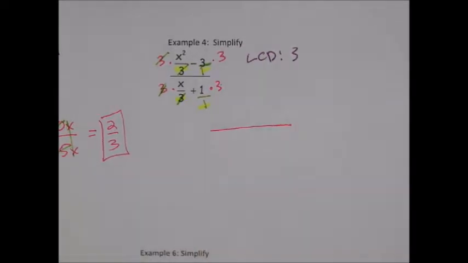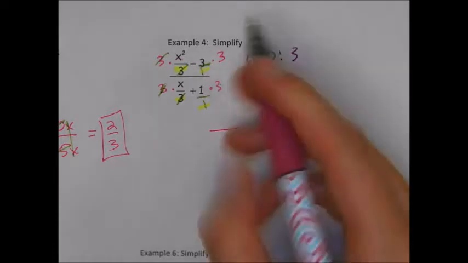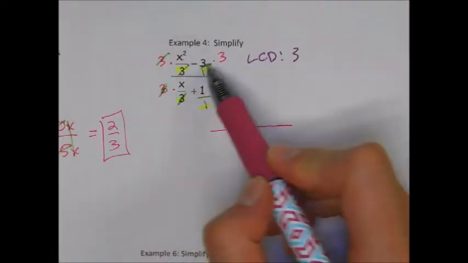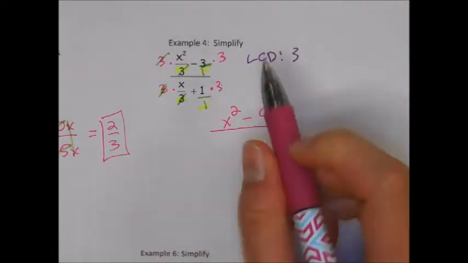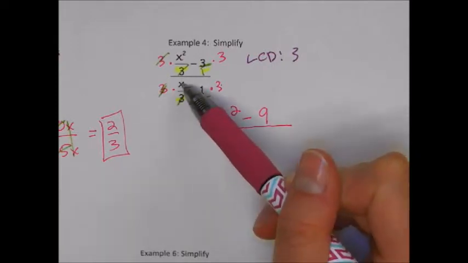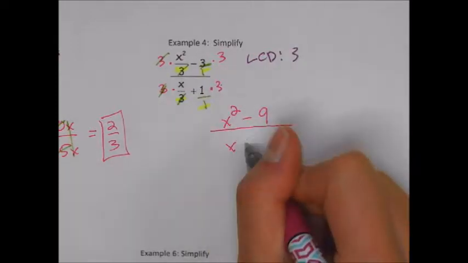Write out what you feel like you have left in the numerator. Here I have x squared, and then here I have 3 times 3, so minus 9. From the bottom, this one, I have x plus 3.